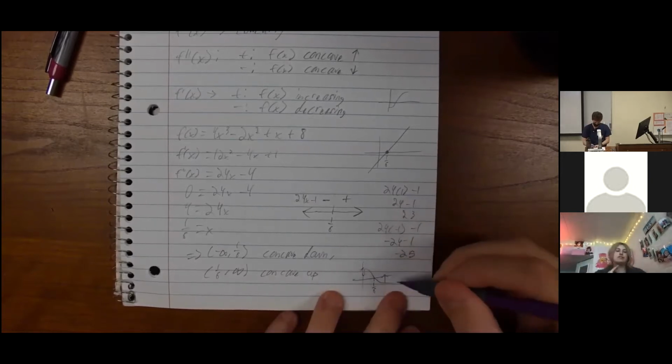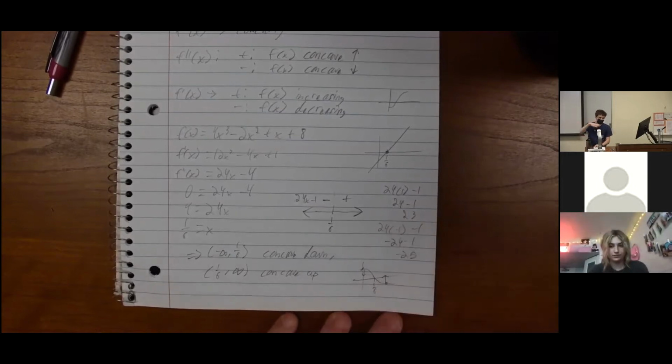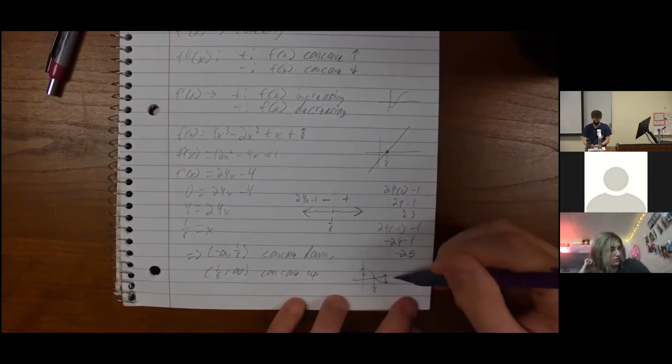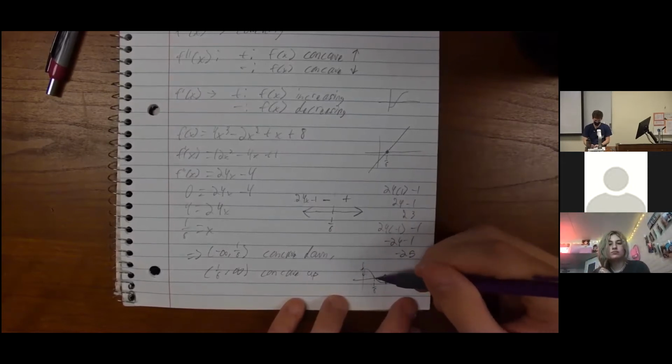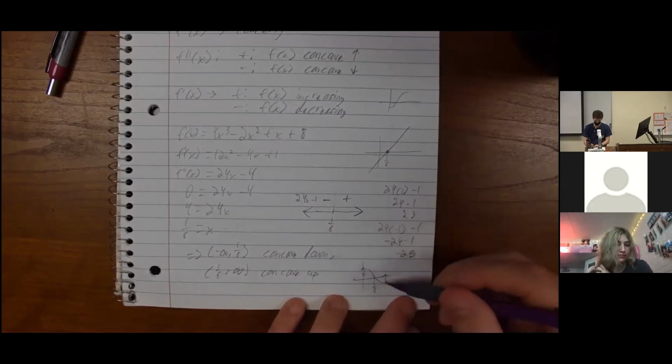And if it's a minimum, it's concave up. Or if it's making a U almost, like a valley, then it's concave up. And if it's more of a hill shape, it's concave down.